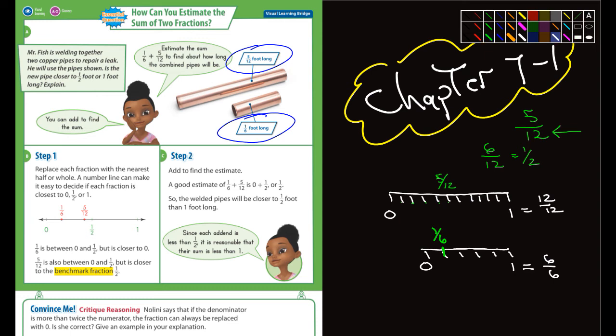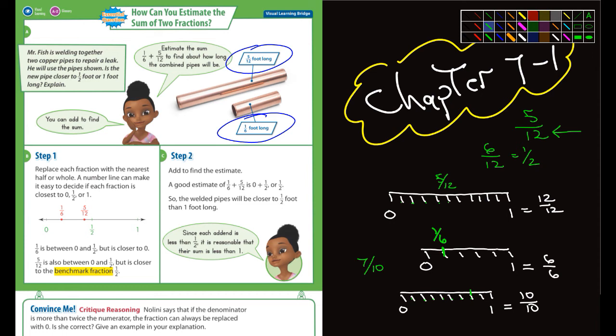What if I was to draw a line here? Let's see here: 1, 2, 3, 4, 5, 6, 7, 8, 9, 10. Okay? Here's 0. Here's 1. 1 also means 10/10. If I said, show me 7/10, well, I would just count over 7: 1, 2, 3, 4, 5, 6, 7.